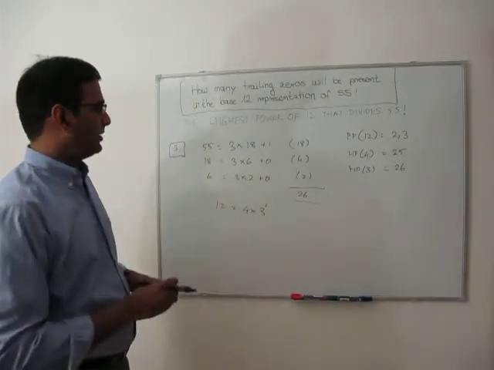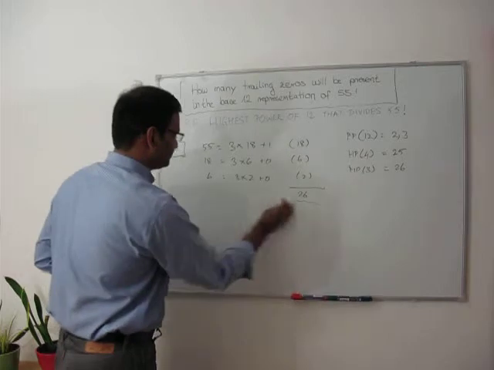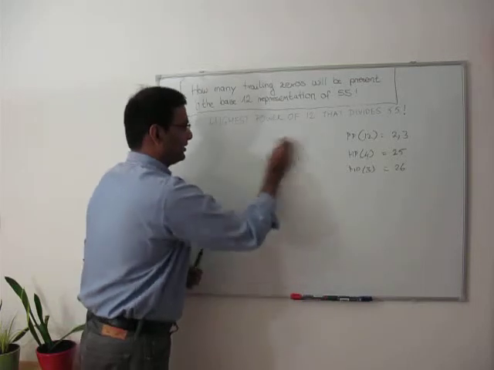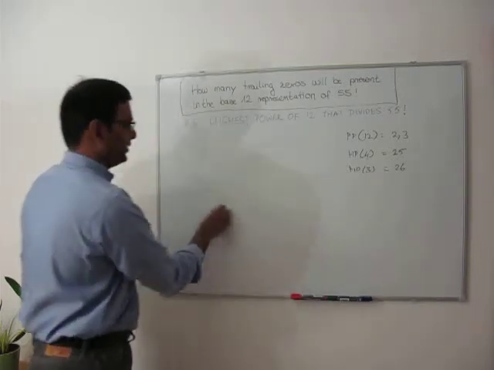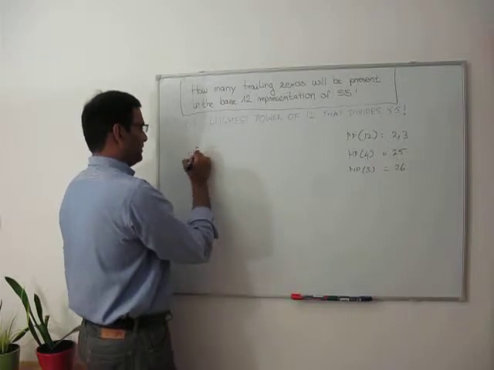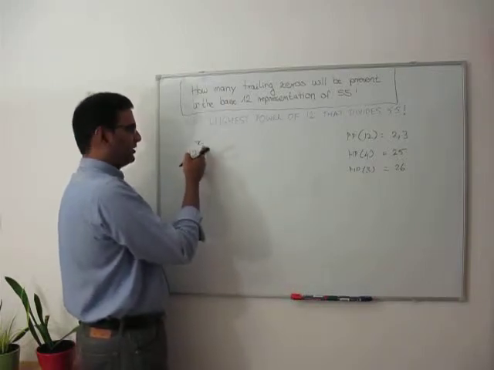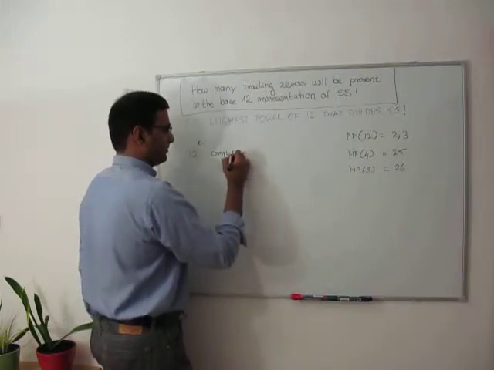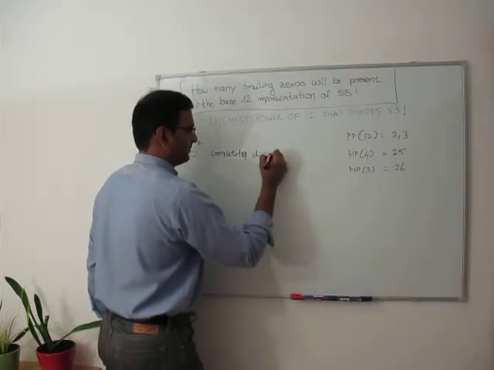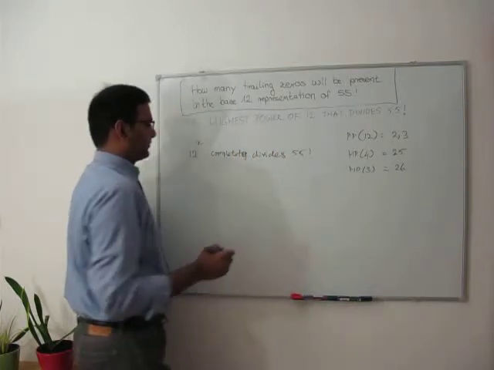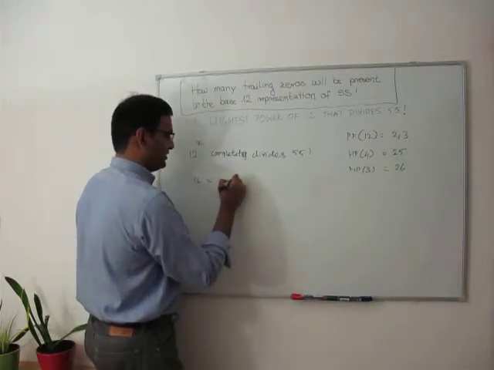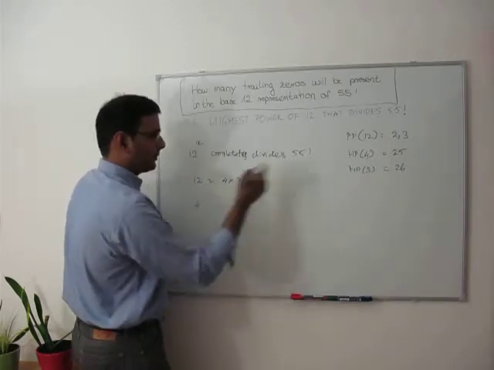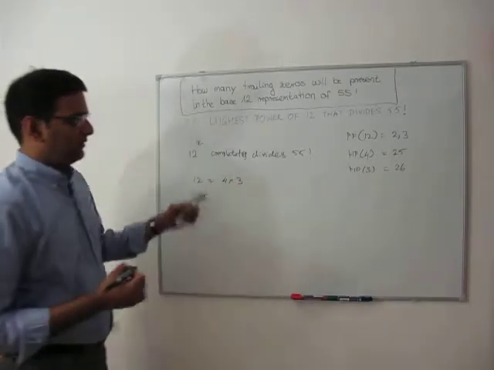So with that we have two numbers that we are interested in. Now to find the highest power of 12 that completely divides 55 factorial, we know that 12 is 4 times 3, and we know that 4 power 25 completely divides 55 factorial.